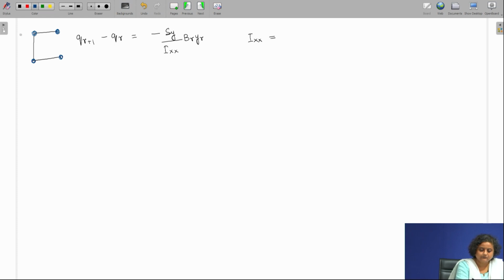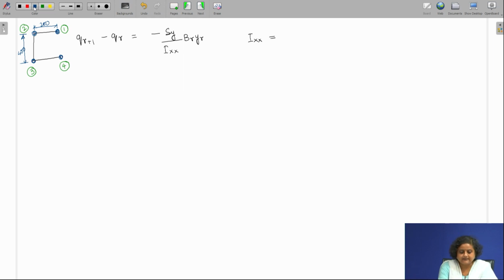So, this is 400 and this is 200. This is 1, 2, 3 and 4. Now, this is the rough sketch of the cross section. Now let us try to find out Ixx.